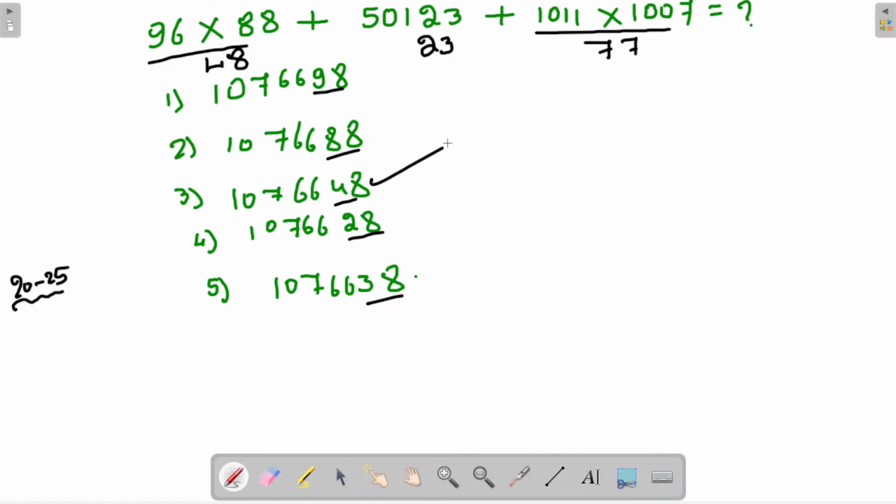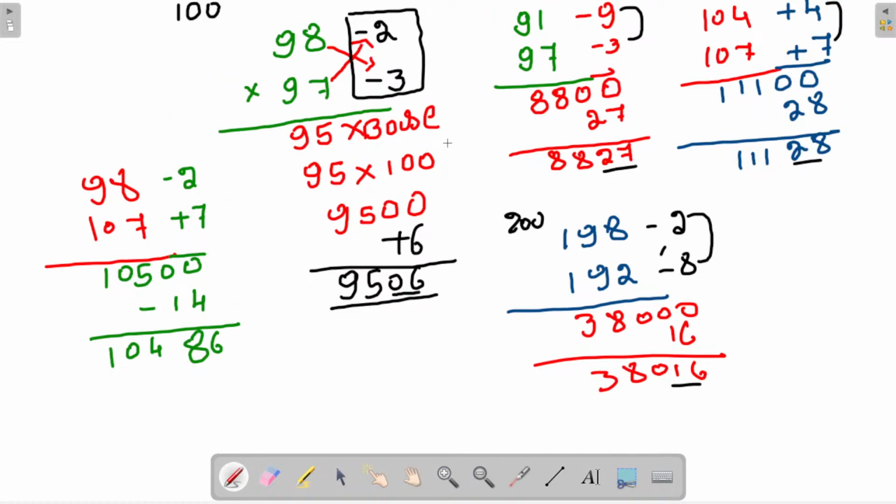So the property is important in these questions. Using the base method, we can decide the last two digits in any simplification part. I hope it is clear. Write it down in your note. In the base method, we can decide the last two digits.